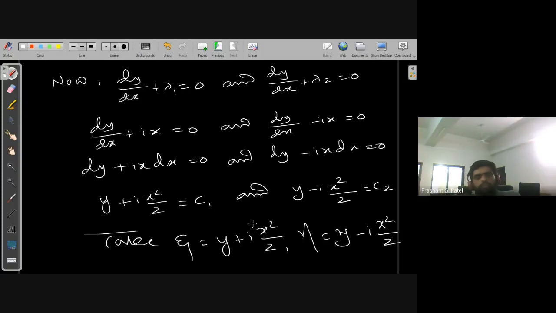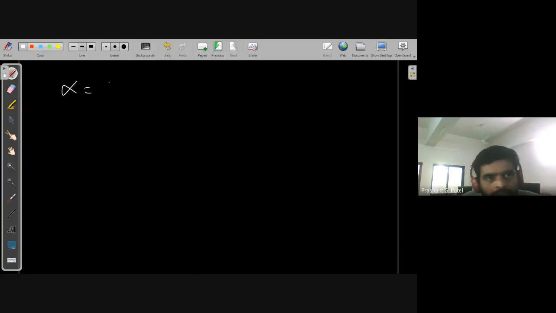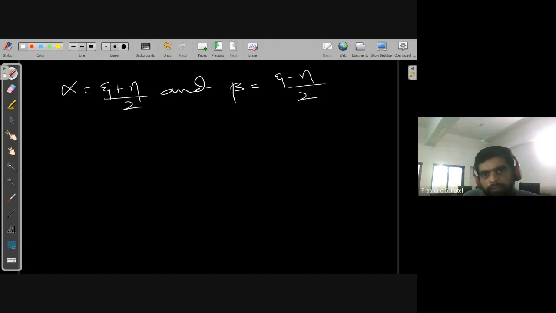So that's why we need to modify the solution. And as per the theory, you have to consider your alpha and beta, that is alpha equal to xi plus eta by 2 and beta is equal to xi minus eta by 2.